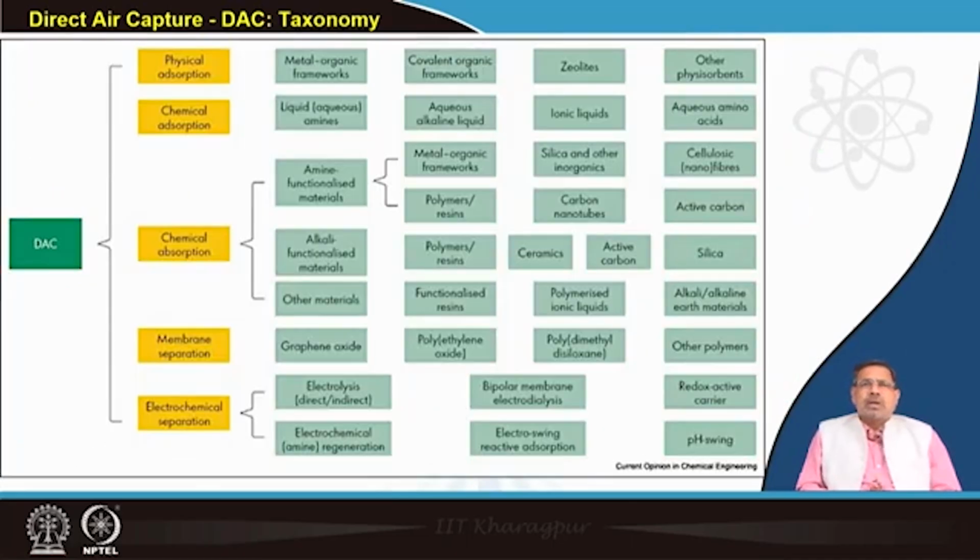Moving on to the taxonomy as far as carbon capture is concerned, you can see it here, friends: physical adsorption, chemical adsorption, chemical absorption. Adsorption is absorption at the surface, we know it, on a physical and chemical basis. Coming to chemical absorption, we also have various technologies.